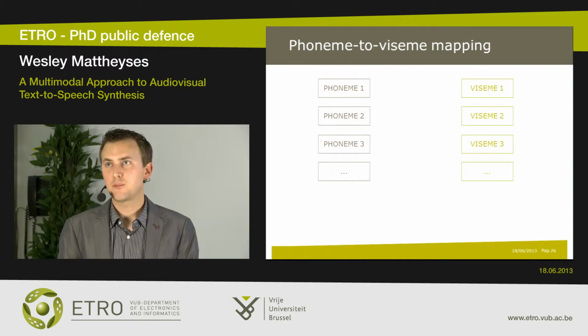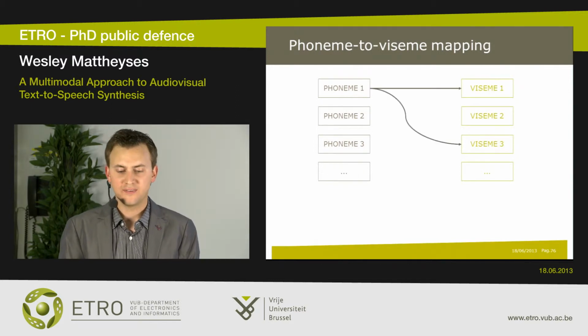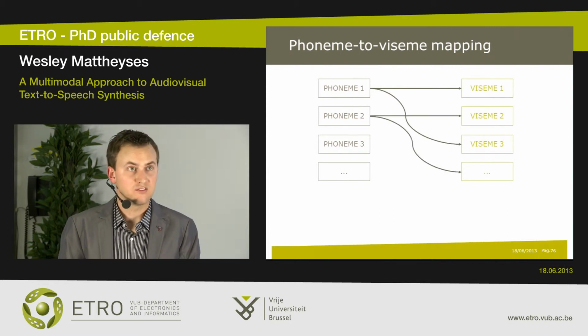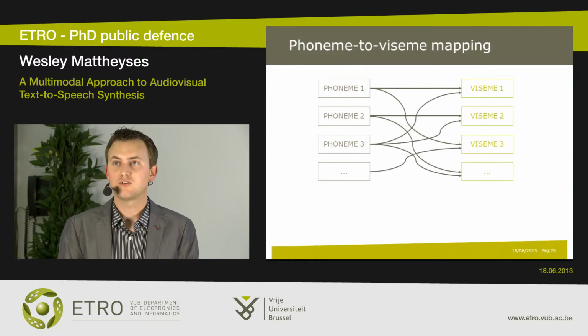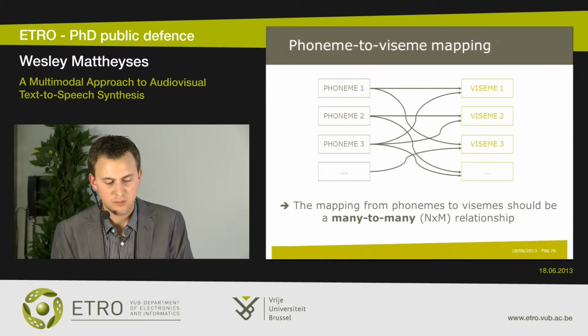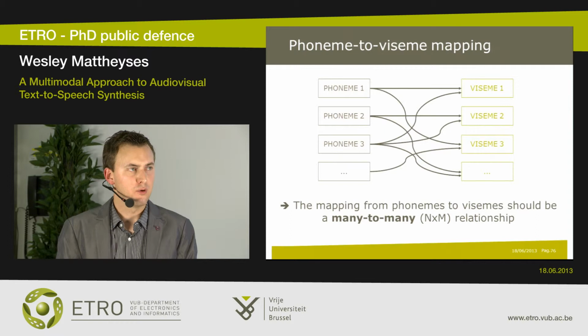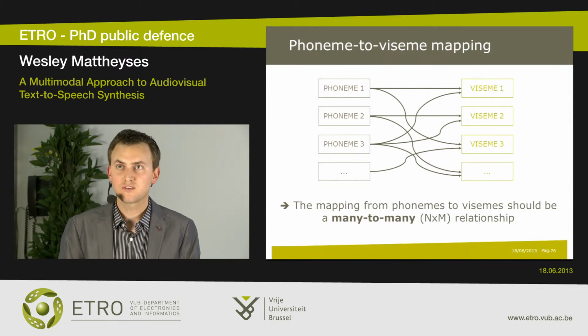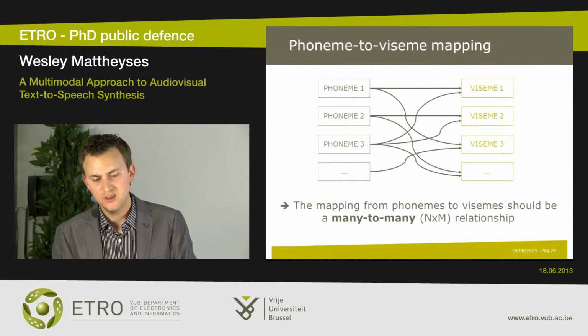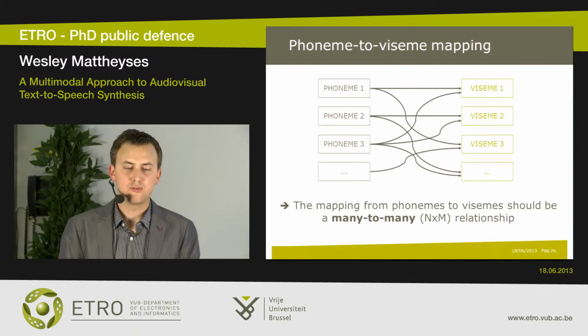Phoneme 1 can appear as viseme 1, or it can appear as viseme 3, depending on its context. The same can be said for viseme 2 and for viseme 3 and so on. So at the end, we have a many-to-many mapping from phonemes to visemes, because every phoneme can be mapped onto different visemes based on its context. And also the other way around, to end up in a certain viseme, you can start from different phonemes.